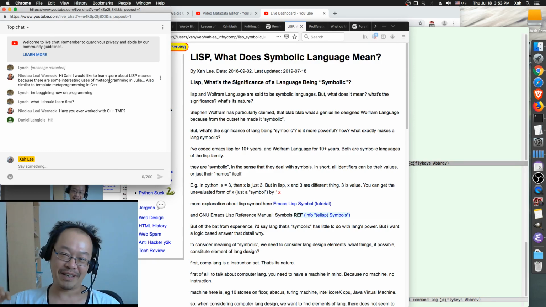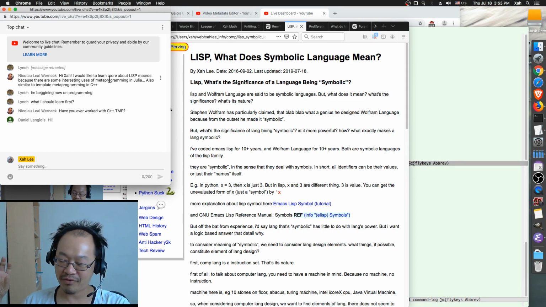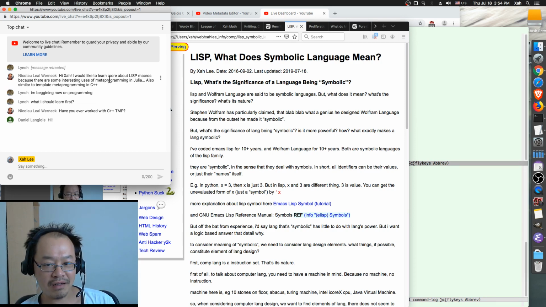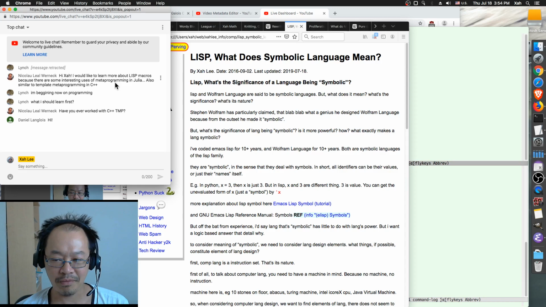I would have to spend a month or a week studying C++, to know exactly what their template system is, and study Julia macros, see how they differ from Lisp, and how they compare to real symbolic pattern matching. Off the bat, I think they are not comparable to symbolic pattern matching.